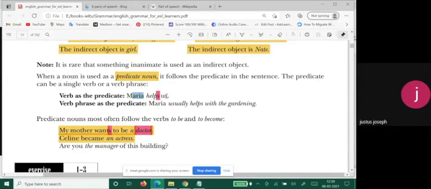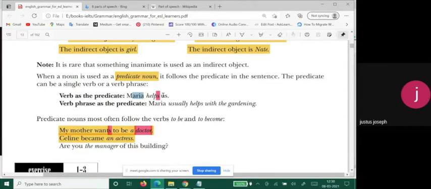Is it an object? But this object is also a person, not a thing as such, right? And generally in such a case we call it a subject plus a predicate.